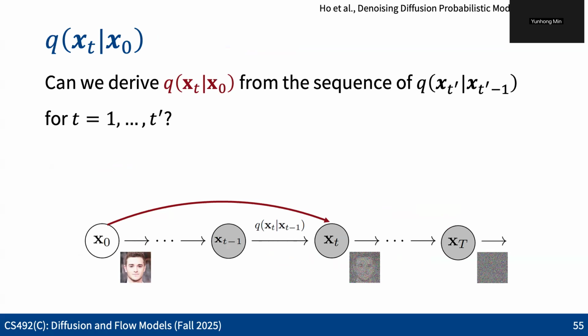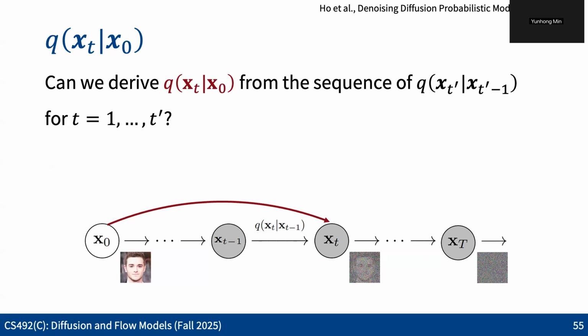Which means, would there be a closed form of this conditional distribution, x_t conditioned on the x_0, from the whole sequence of our transition distributions? Do you think that we will be able to get a closed form for that? Or not?